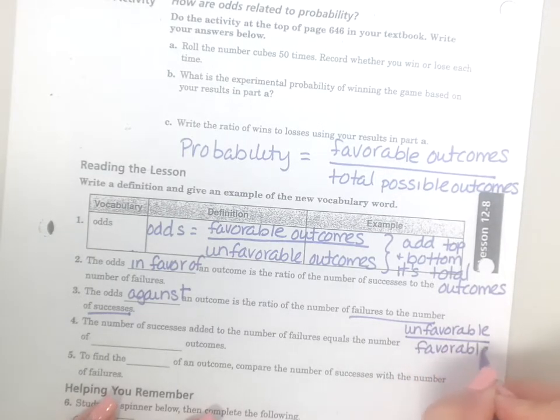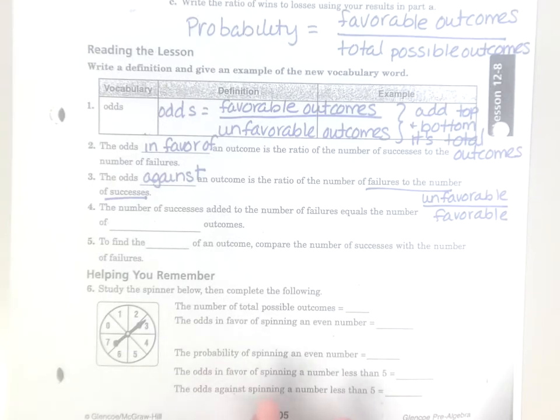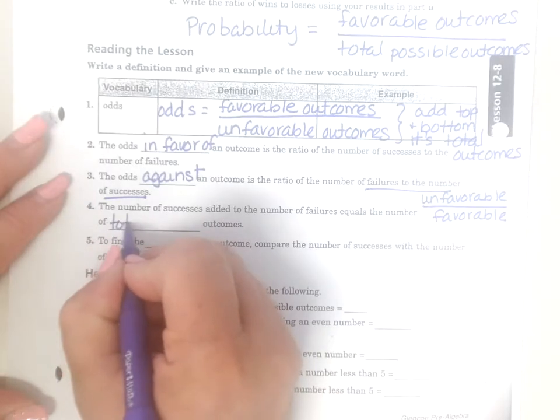If it's the odds against it happening, then what you don't want to happen goes on top. What you do want to happen goes on the bottom. The number of successes added to the number of failures, or favorable plus unfavorable, equals the number of total possible outcomes.